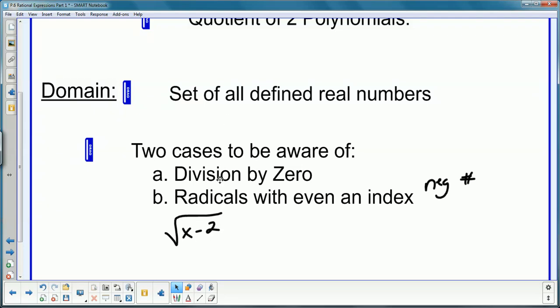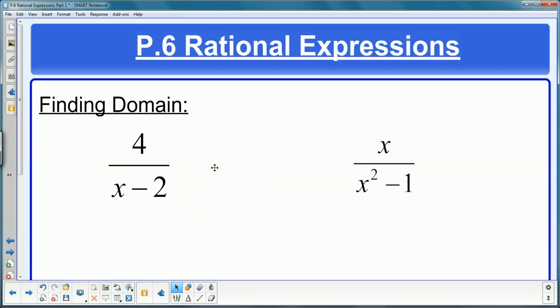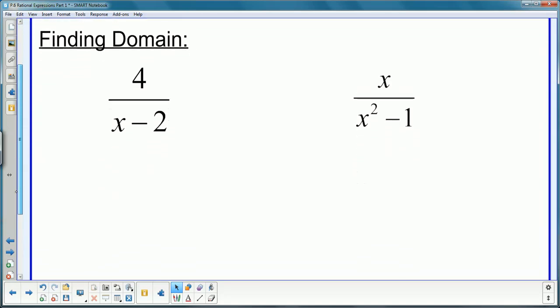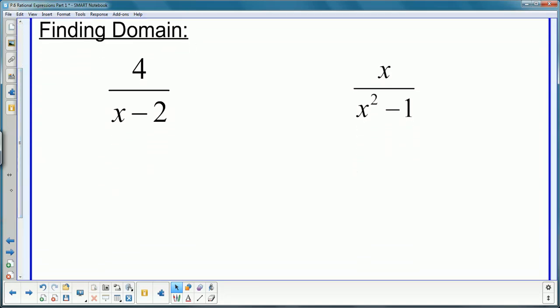For division by 0, it's usually down to 1 or 2 or 3 numbers that we're going to exclude. So here is an example, and I don't have any index or radicals in the denominator. Mostly in this chapter there won't be any radicals, because remember they are polynomials. But we do need to worry about division by 0 here, so we look at our denominator and ask, when is our denominator equal to 0?